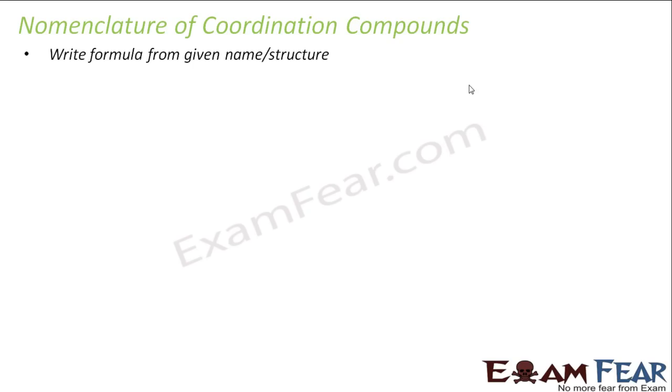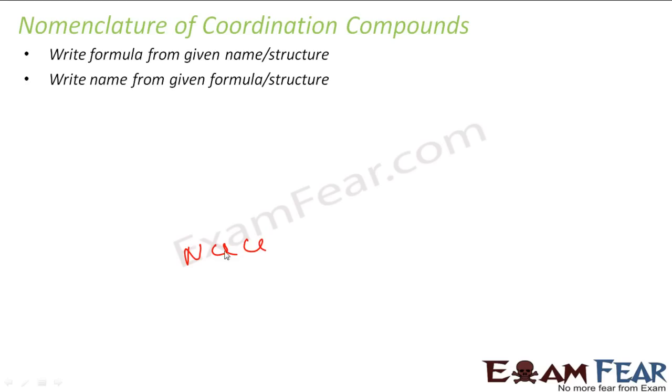We'll typically write the formula for a given structure and also write the name for a given formula. We'll do these two things. In the first case, the formula is given, and we should know how to write the name. In the second, we have the name of the coordination compound, and we should know how to write the formula. For example, NaCl is given, you know that NaCl is sodium chloride. If sodium chloride is given, you can say that it is NaCl.